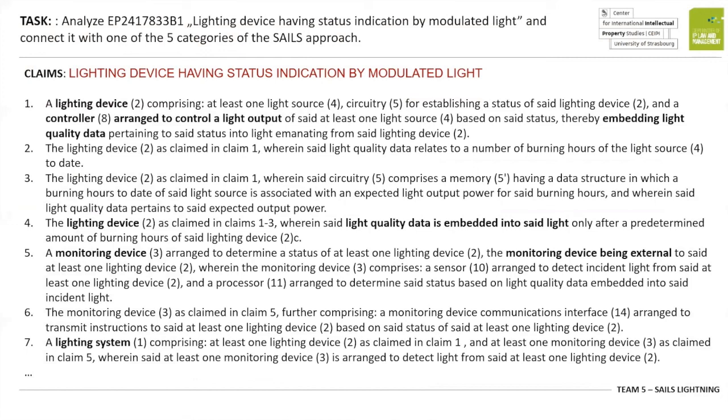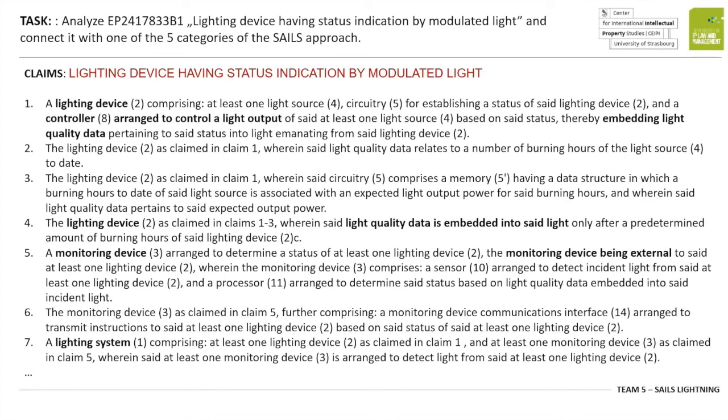The system comprises a lighting device that in itself records operating hours, and a monitoring device, external to the lighting device, that checks the quality of the emitted light from the lighting device.